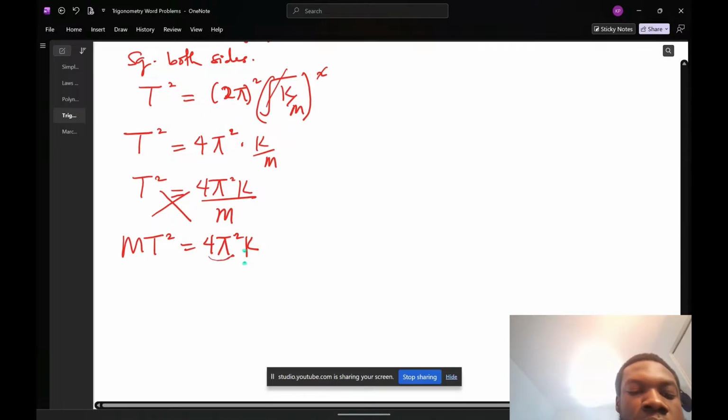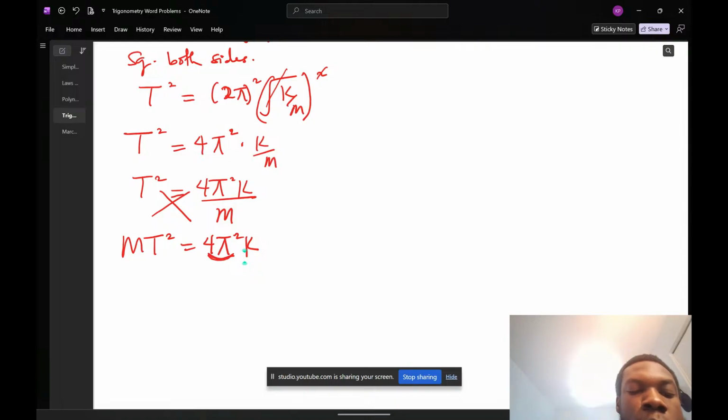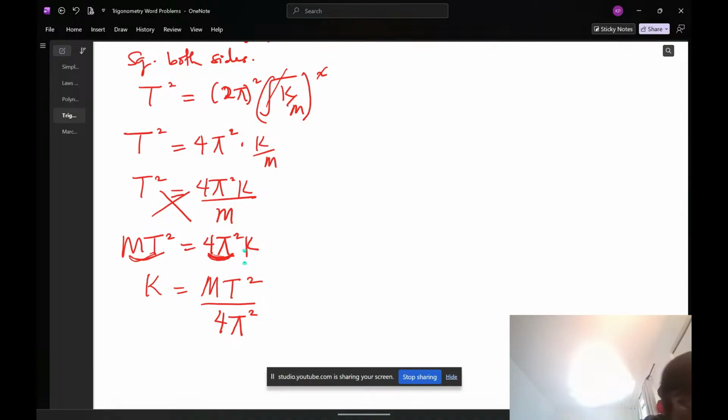The terms that are beside what we're making the subject of the formula, we always take them under. This one will become the denominator, and this will be the numerator. So k is equal to m T squared over 4 pi squared. Okay, so that will be the answer.